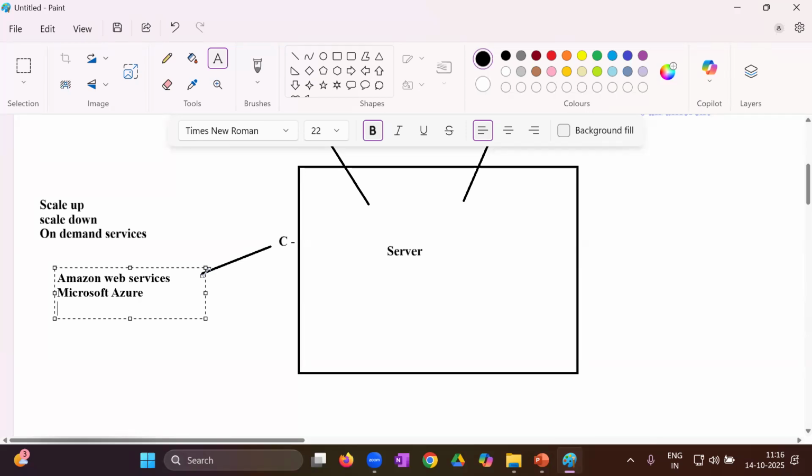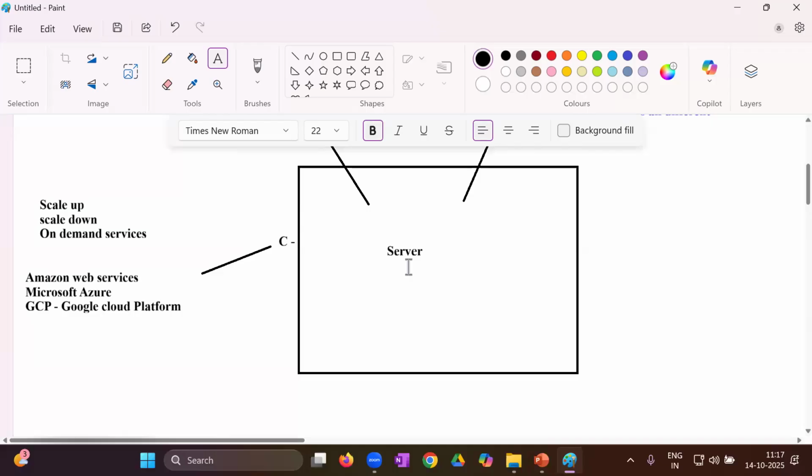It can be GCP, Google Cloud Platform. Okay. These are the different giant companies in the world who provide cloud computing.